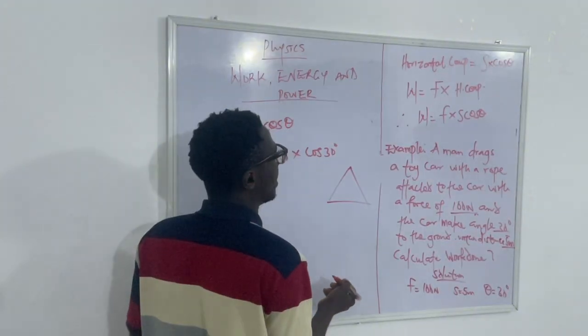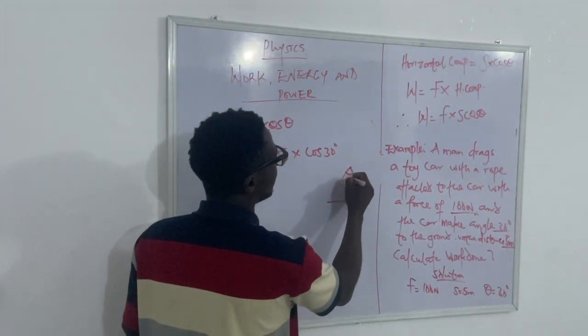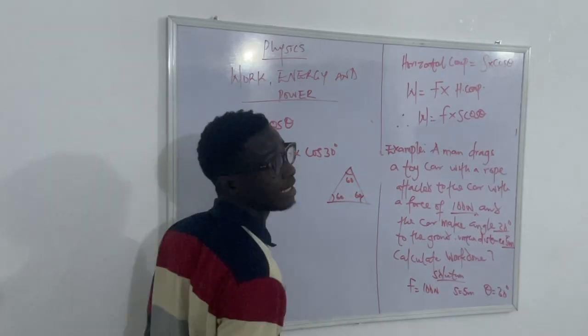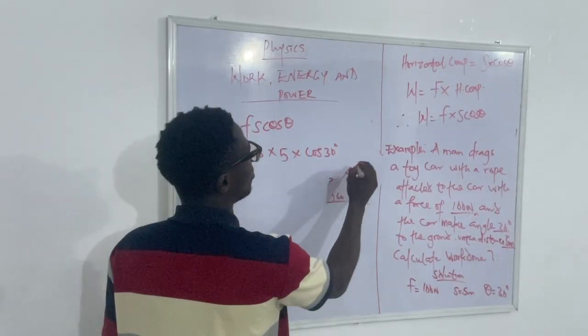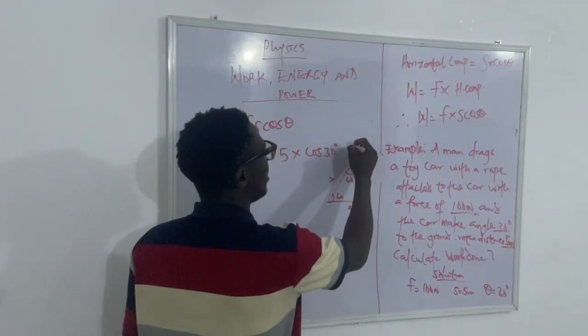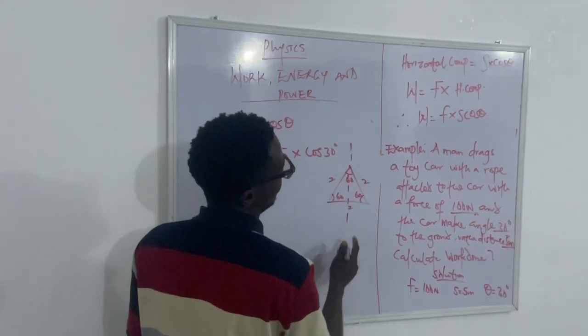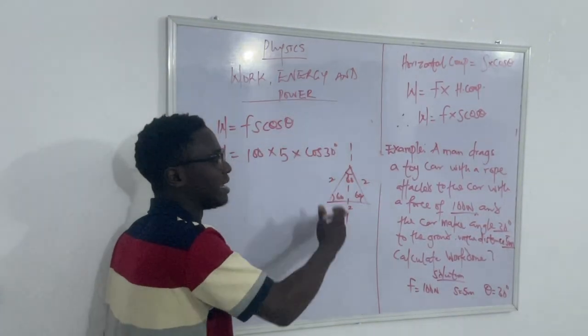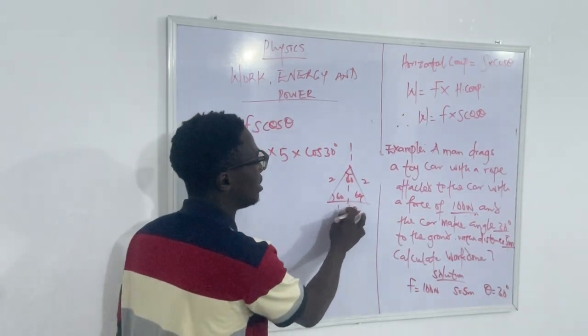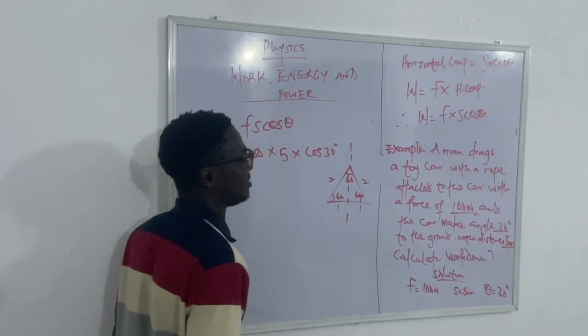And how do we get that? Let me just quickly explain that. So, here is 60, here is 60, here also is 60. Equilateral triangle. So, here is 2, here is 2, so here is also 2. If I bisect it into 2, here will be 1, here also will be 1.